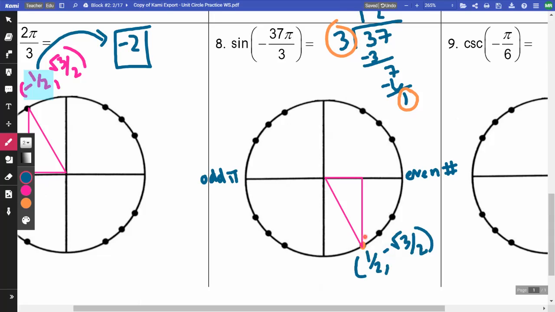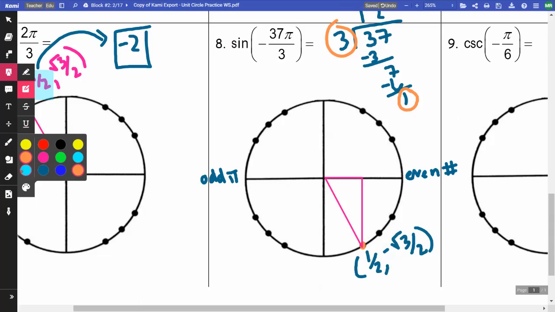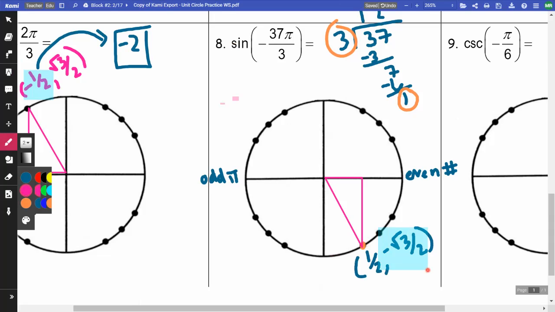Now this was sine, so sine is going to be my y coordinate. So it's going to be -√3/2. That is my answer. That's what the sine of -37 pi thirds is.